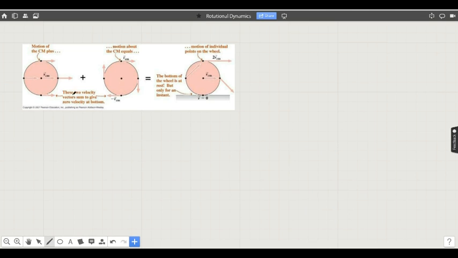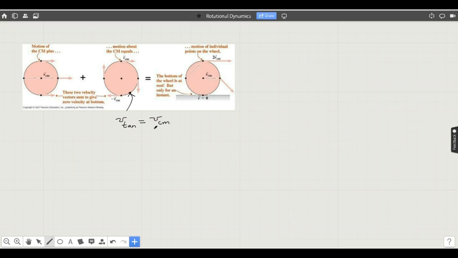So at the bottom, as it rotates, there is a very important relationship. At the edge, the tangential speed at the edge, if it's rolling without slipping, only if it's rolling without slipping, that tangential speed is going to be equal to the speed of the center of mass.